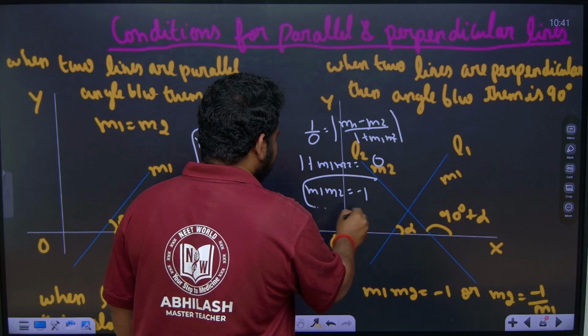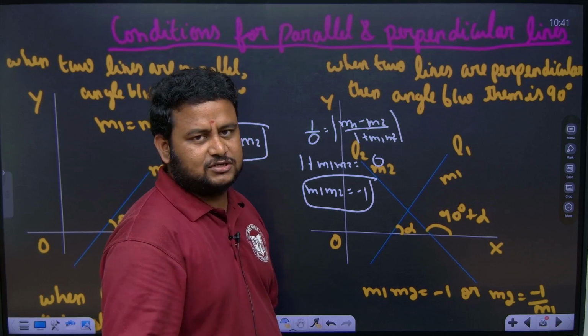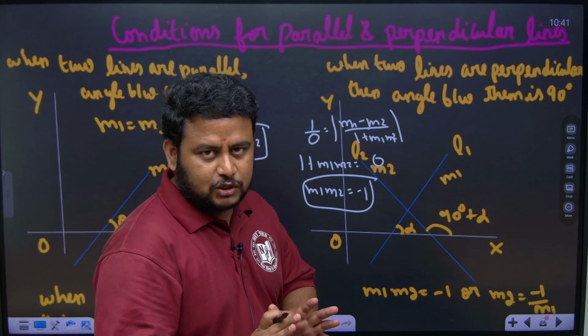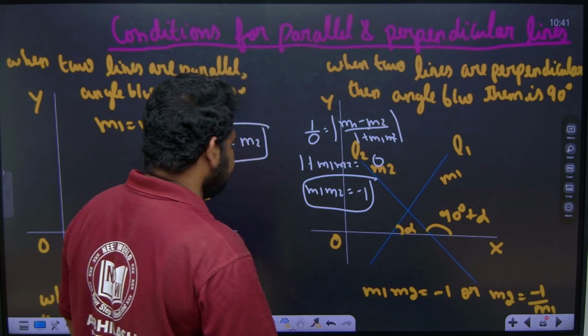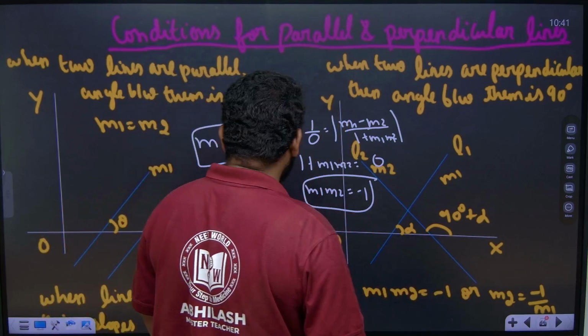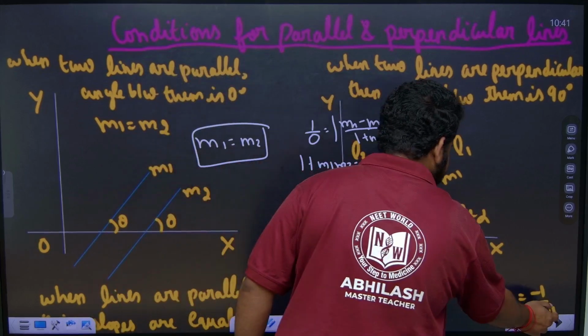That is, the product of the slopes is equal to minus 1. One of the slopes will be equal to the negative reciprocal of the other. That you should remember: m1 m2 is equal to minus 1, or m2 is equal to minus 1 by m1. When lines are parallel, they are equal. So let us proceed with this concept.